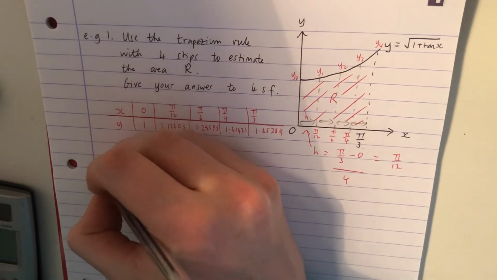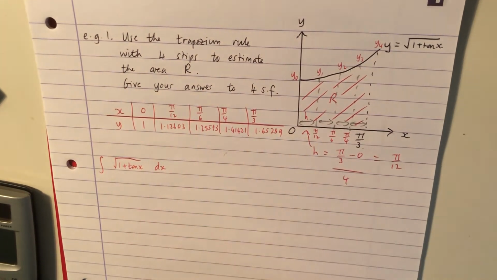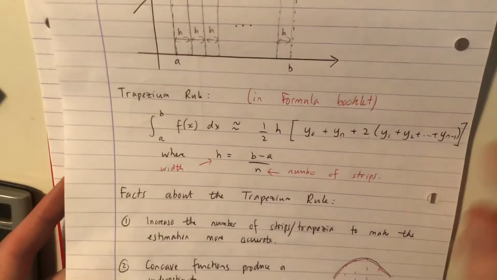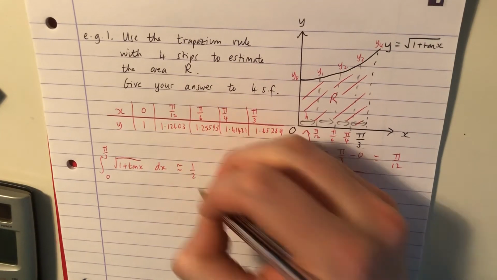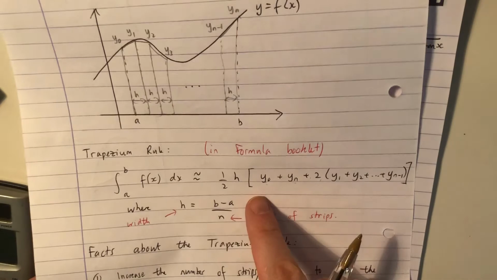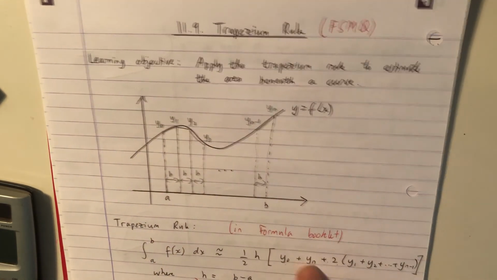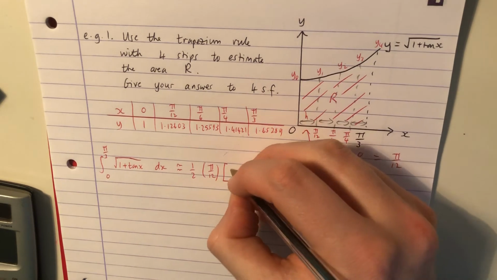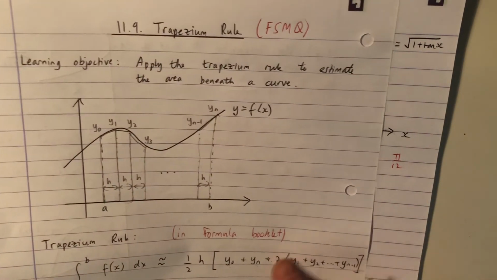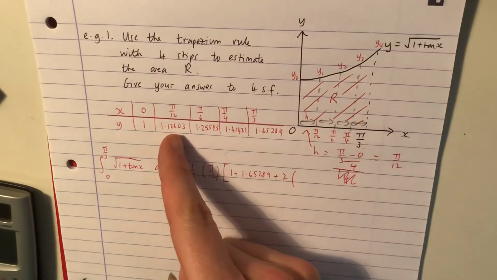It says if I integrate some function f of x with respect to x between 0 and pi by 3, it is approximately half h, so half times the width of the trapezia, which is pi by 12, brackets, the first height plus the last height, plus twice the rest of them, which are these in the middle.